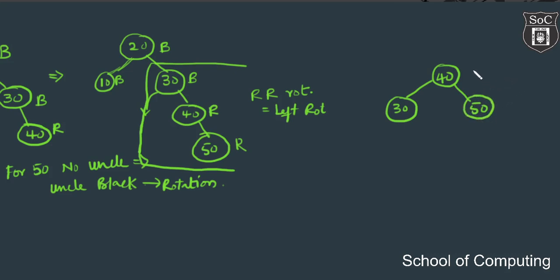Since 40 got promoted, its color will become black. 50 remains red, and since 40 is black, a black node's both children must be red, so this will also be modified to red, and the remaining part of the tree will be as is. 20 which is black and 10 is also black. So this is the status of the tree after inserting 50.